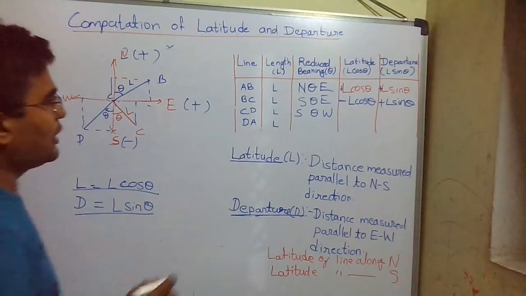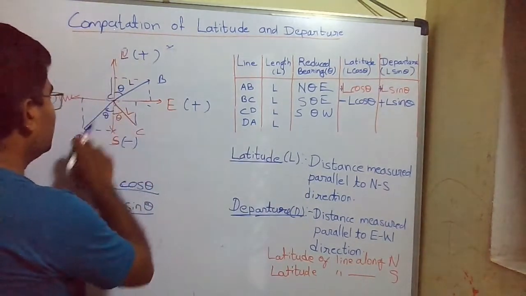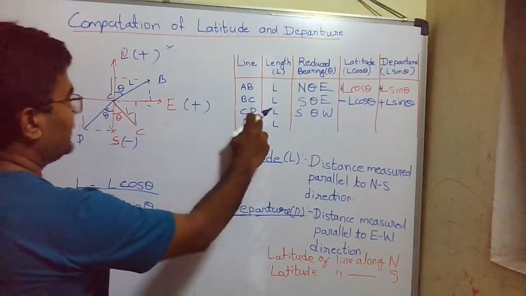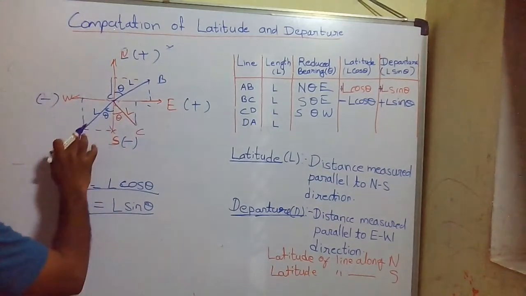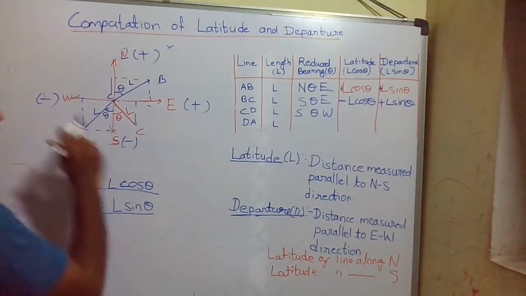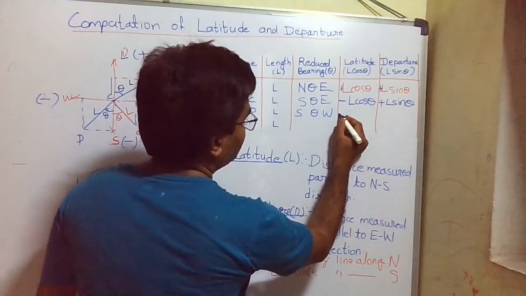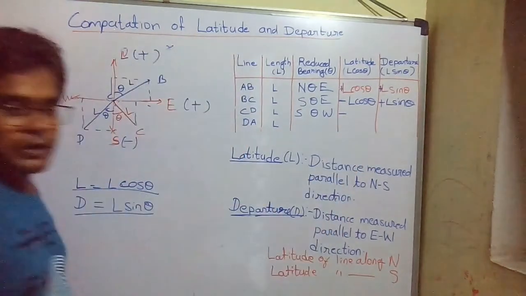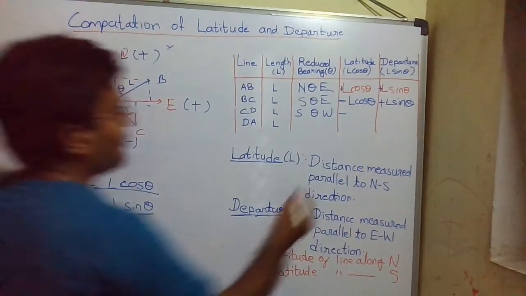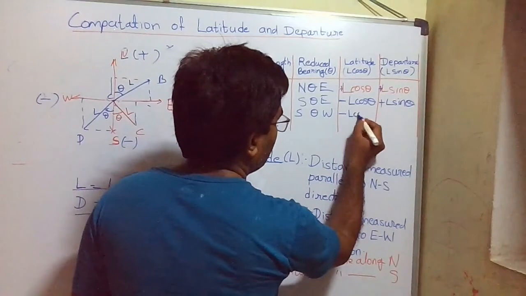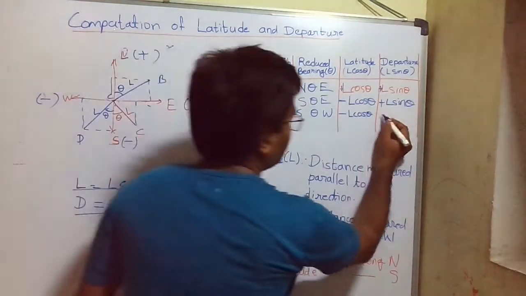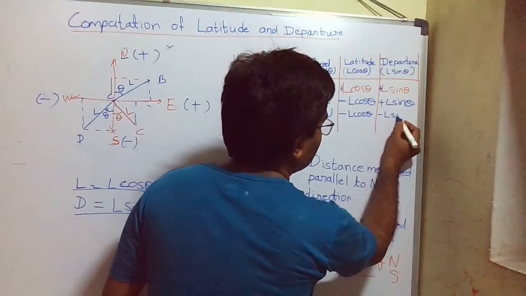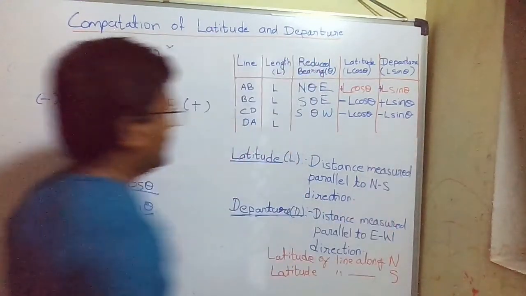Yes, both are minus. So this is line CD with length L, and its quadrantal bearing is south theta west. So the latitude of this line will be minus L cos theta, and the departure is minus L sin theta.